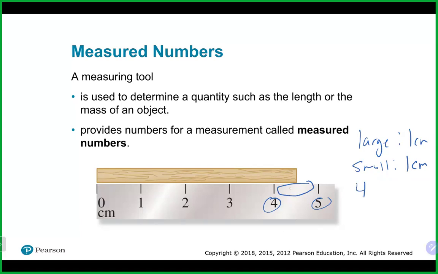And at this point, this is where the estimate comes in. It's not exactly 4, it's not exactly 5. Maybe it's halfway there, 0.5 centimeters, this being my certain number, and this being my first uncertain number. In this case, this would have 2 significant figures, with the 5 being the uncertain number.